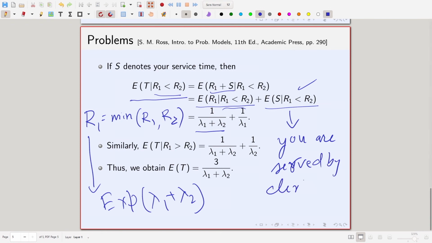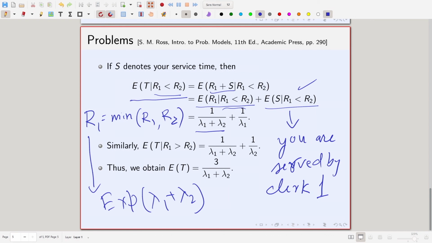by Clerk 1. Now, for Clerk 1, the service time is exponential with parameter lambda 1. We know that the time Clerk 1 takes to serve a customer has exponential distribution with mean 1 over lambda 1, or in other words, parameter lambda 1.